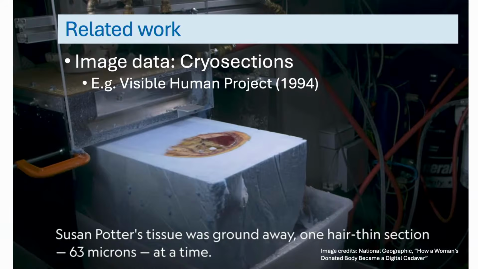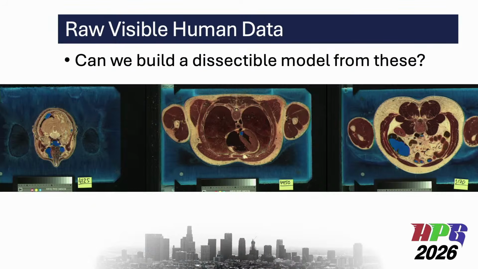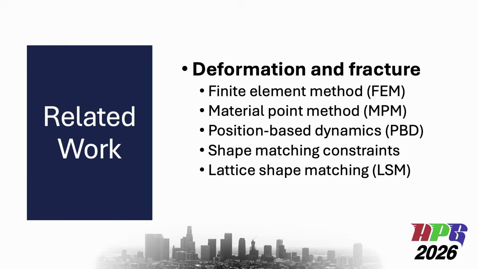Susan Potter was the anatomical donor for the Visible Human Female, and in this image, you see the acquisition of one slice of that data set. This is what the raw data looks like as we get it. You can see the cross-section of the blue gel, color correction cards, and numbered Post-it notes for each slice, and we want, with as little manual intervention as possible, to create our models from images like this.